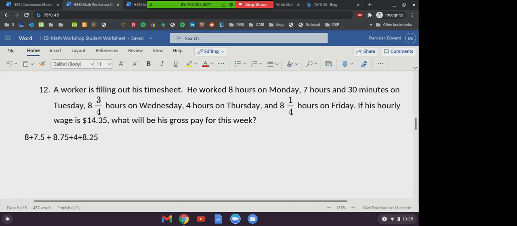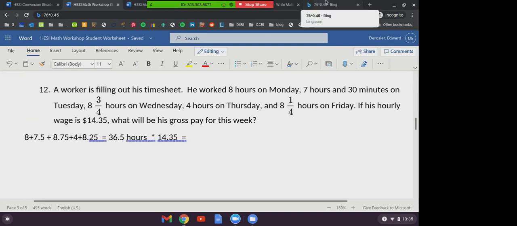Okay, all right, so we're going to add up all the hours. Again, you can put that right in the calculator. It's going to give you 36.5 hours. And then you just multiply it by the rate, 14.35. Okay, and then you're going to get his final wage, which I think is, let's do it up in the calculator here.